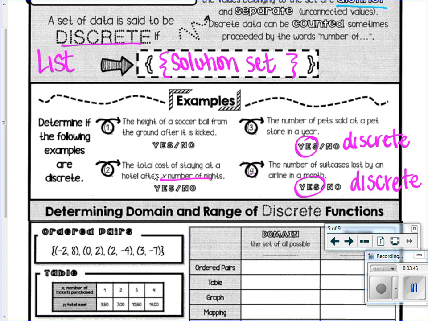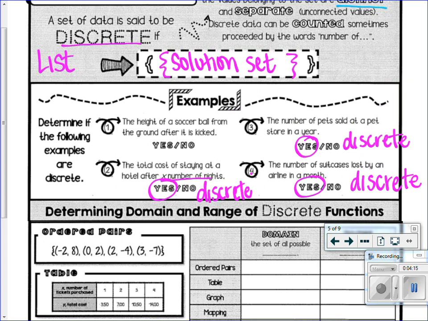That one is discrete because if you ever say how many nights you're staying at a hotel, you get a drop-down option: 1, 2, 3, 4, 5, 6. It's not partial. You are staying at that hotel that night or you're not.